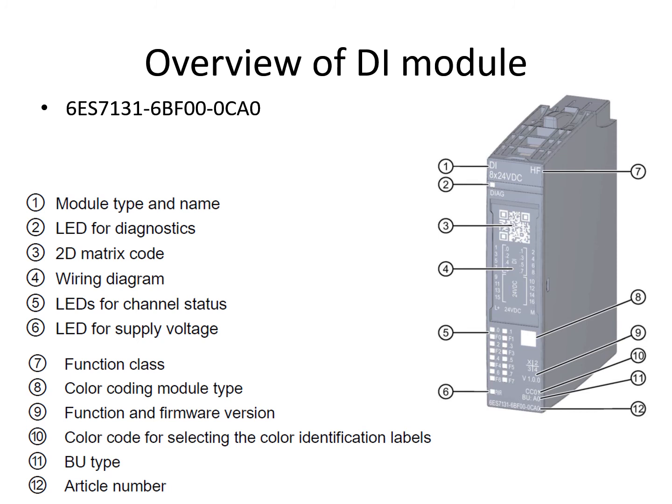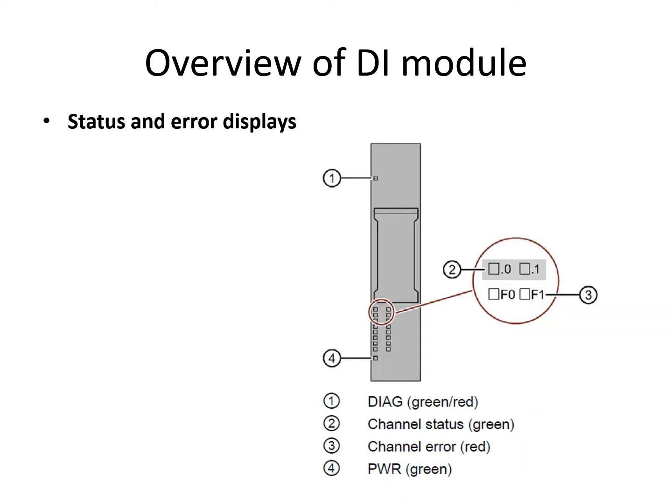What else? Here we have a wiring diagram that shows exactly the matrix of the inputs, a label, and some other symbols which are not that important for us. Here again we have the status and error displays.